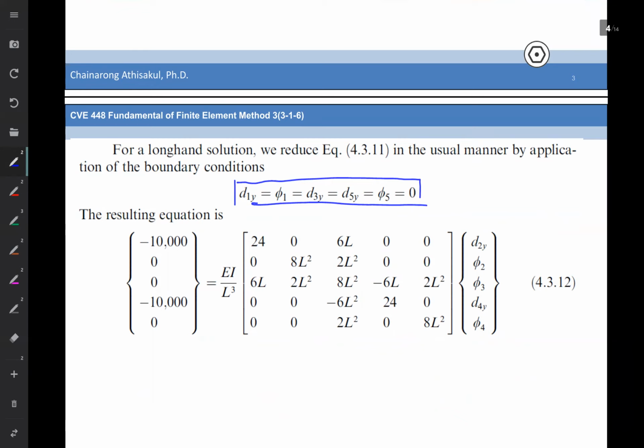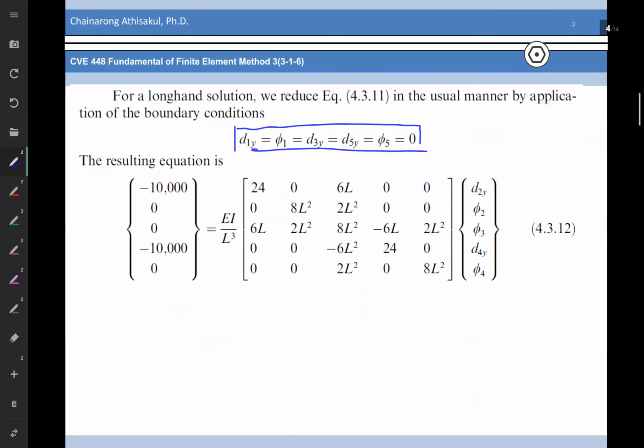After that we substitute the given values, that is the applied force of 10,000 pounds, into the equation. If we know the properties of the beam, we can solve it.